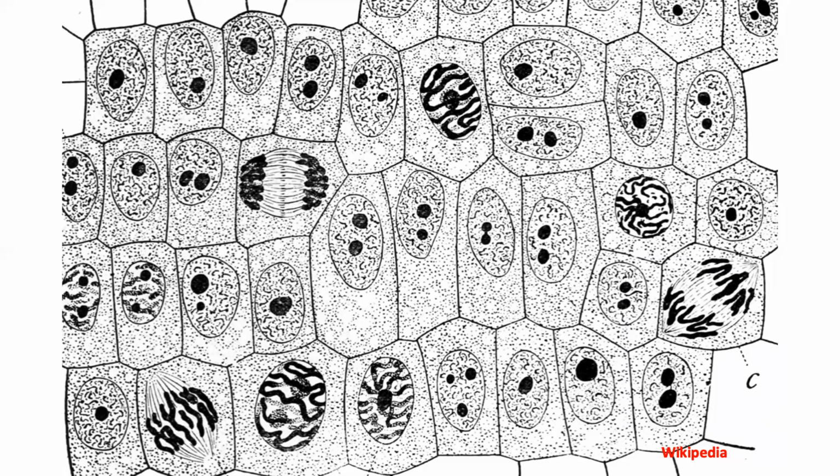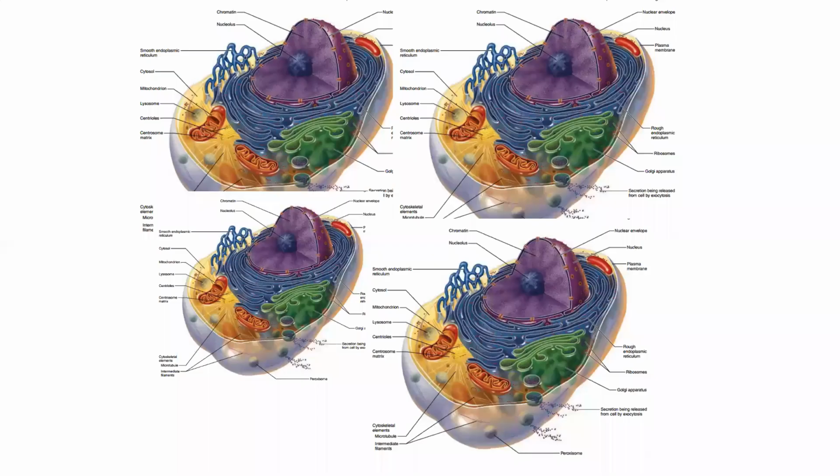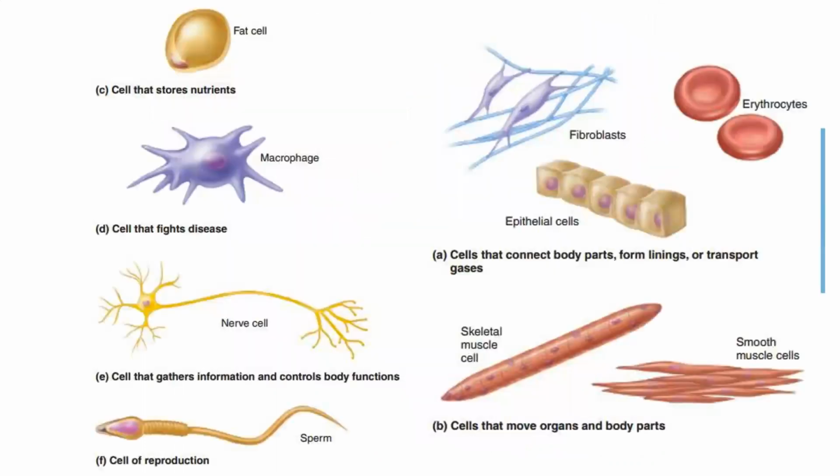But if we look a little more carefully, it might be like this: multiple cells, one cell here, another cell here, many cells, and inside them they will have all these structures. But in reality, individual cells have different shapes and different functions. A fat cell is just like a little droplet of fat.